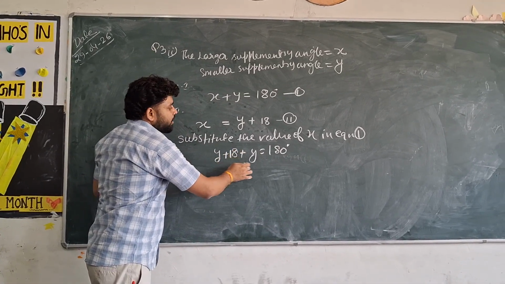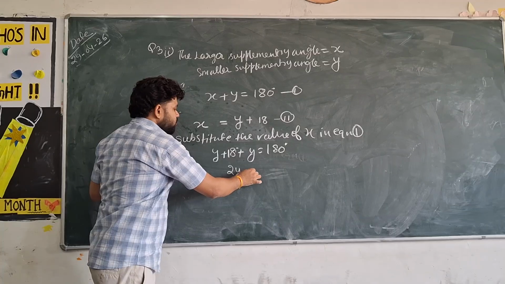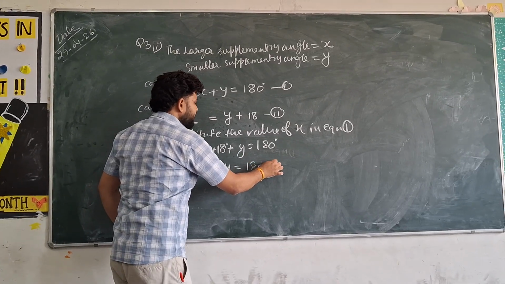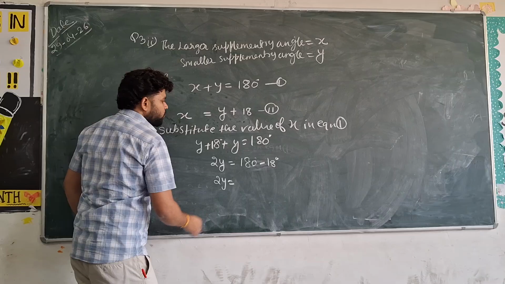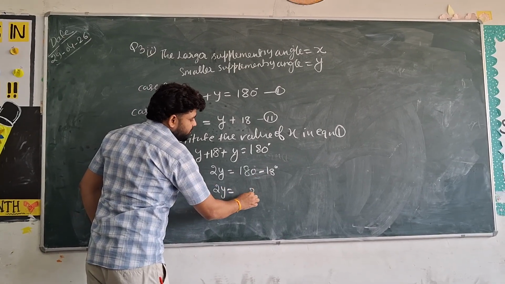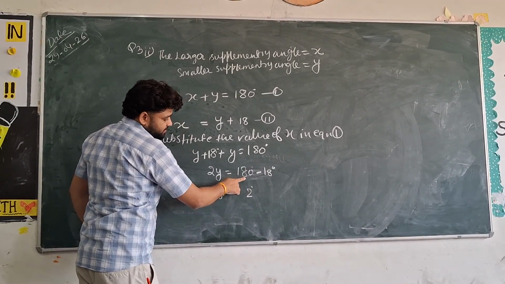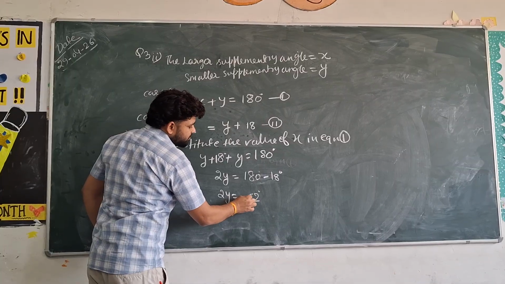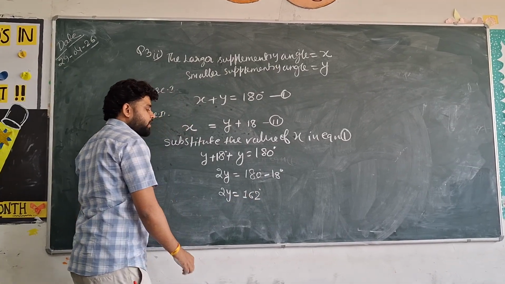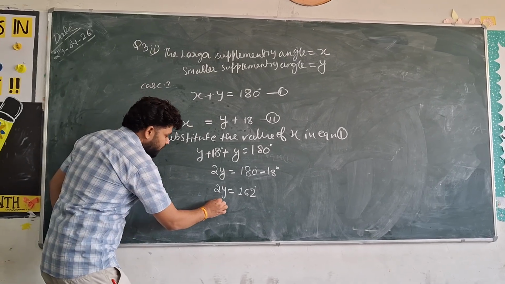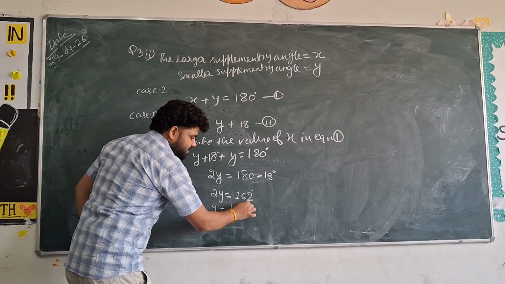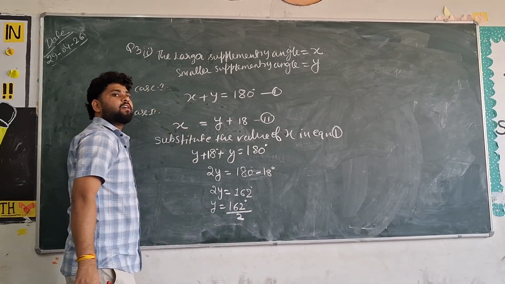The 18 is positive, so it moves across as negative: 180 degrees minus 18 degrees. 2y equals 162 degrees. The 2 is multiplying, so it moves across to divide. So y equals 162 divided by 2.